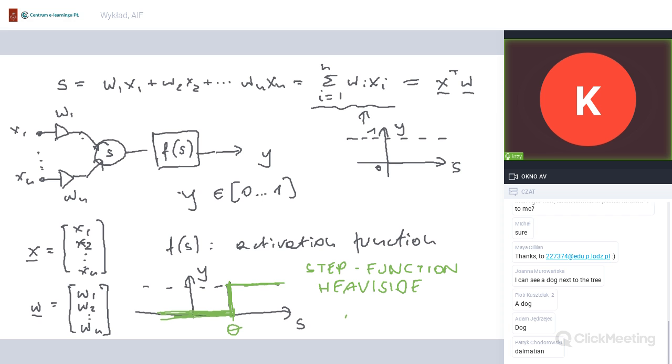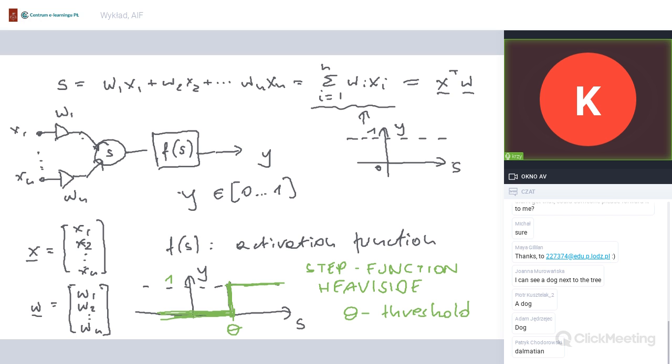This theta is a threshold value. And if you recall, I told you that the cell body, the neuron's body, can accommodate some amount of charge, of ions, until some threshold is exceeded. And this is the threshold. So if this threshold gets exceeded, my neuron will tell 1.